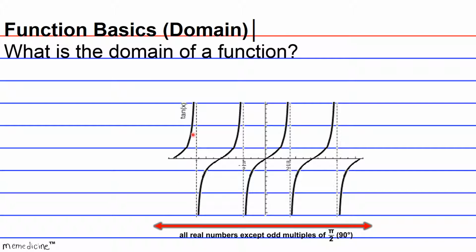You can clearly see that at every odd multiple of pi over 2, there's an interruption in the domain. But other than that, it traverses from 0 on out to infinity, all the way out to negative infinity, with interruptions only at odd multiples of pi over 2. And we'll see why this is in a little bit.